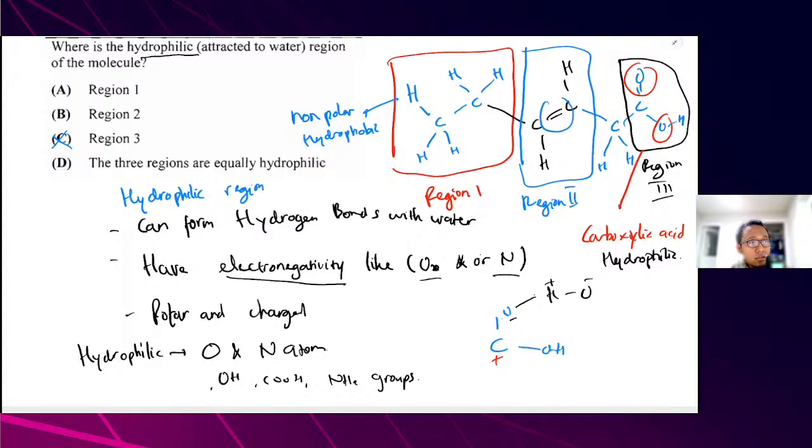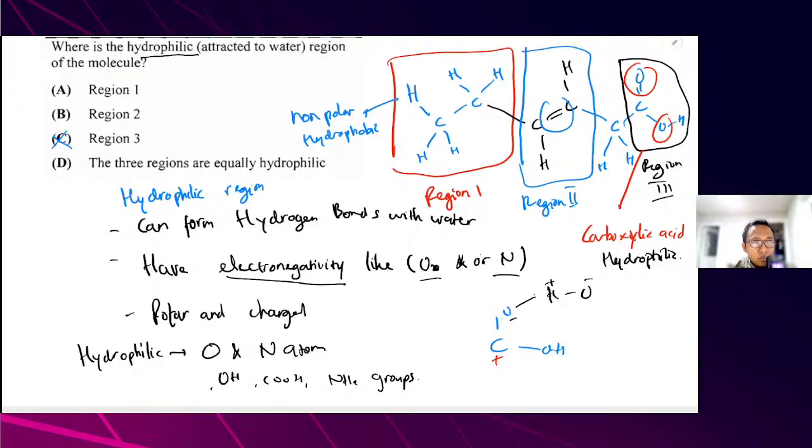This is the quick way to find the hydrophilic part. Always look for electronegativity, such as O or N, COOH, OH, or NH2. All right, let's move on to the next question.